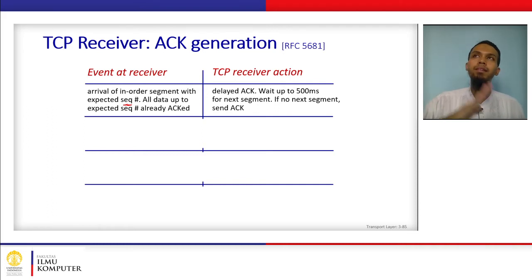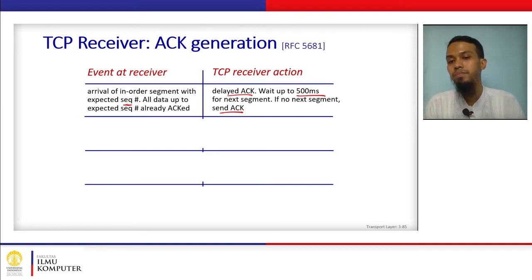This means that the data until now has been received with the correct sequence numbers, in the correct order. In this case, the receiver will delay the ACK, waiting up to 500 milliseconds for the next segment. If there is no more segment after 500 milliseconds, then it will send the acknowledgement.